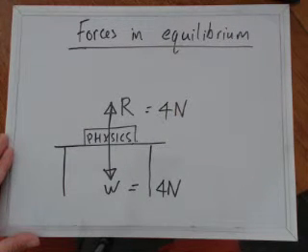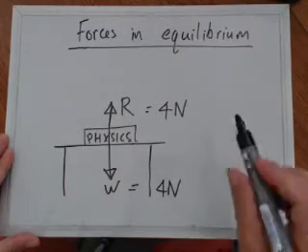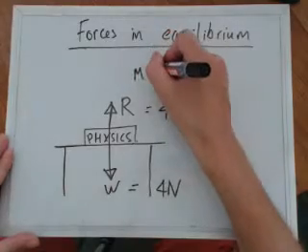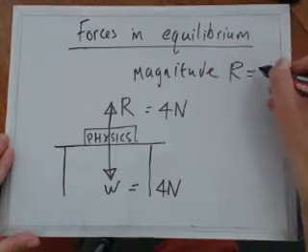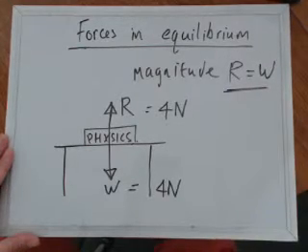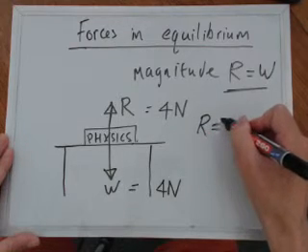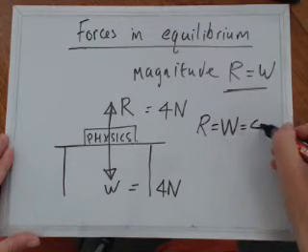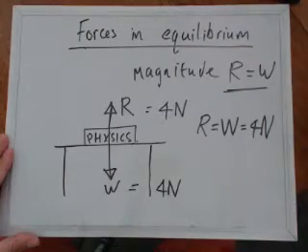At this stage, if you're taking R and W to be vectors, which they look like, they have both magnitude and direction, then you cannot write R equals W. But what we could say is that the magnitude of R equals the magnitude of W. Now we don't always need to write magnitude like that, but just bear that in mind. So you could say R equals W is equal to 4 newtons. They are in equilibrium, they are balanced.